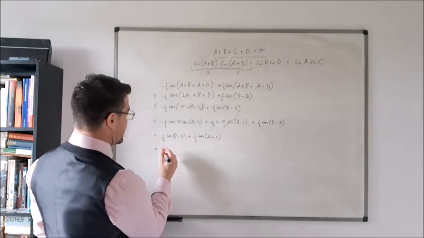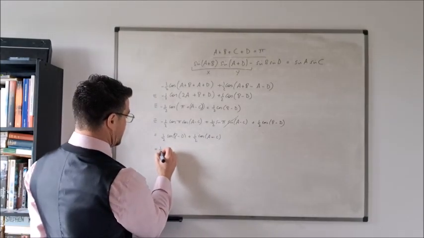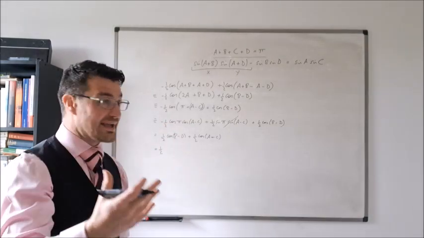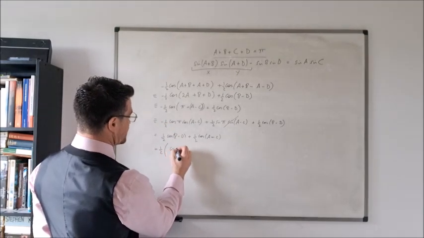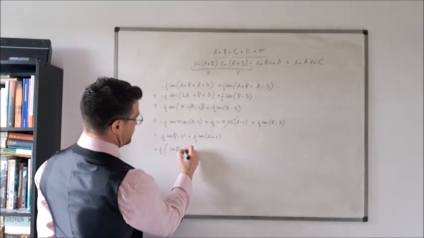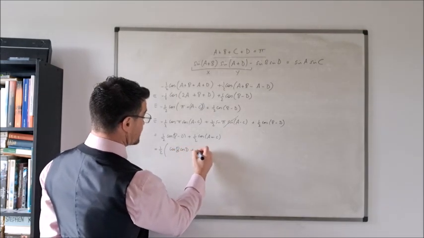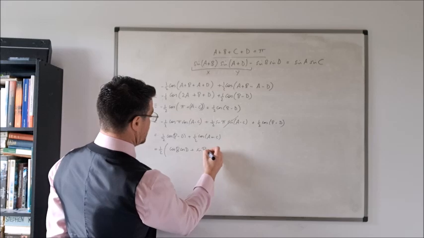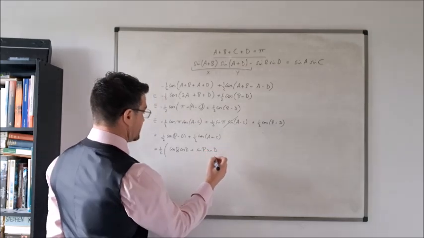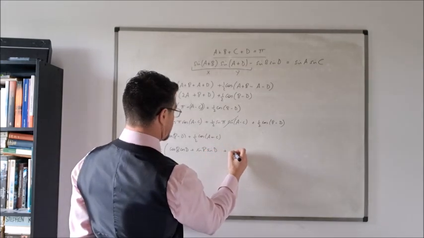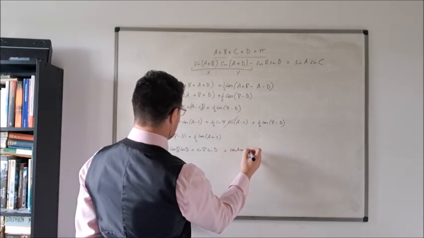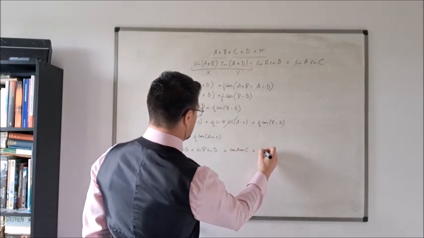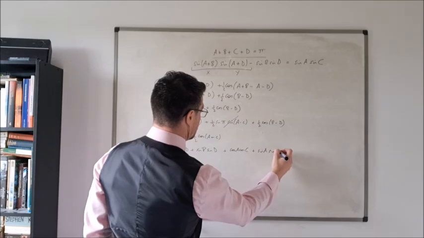What I did was, I expanded this out again, understanding that in the right sense. So I take the half out as a common factor, and I get cos b cos d plus sine b sine d, plus cos a cos c plus sine a sine c.